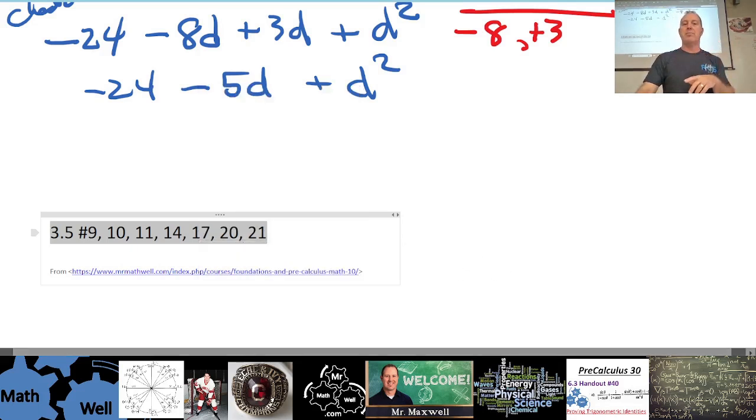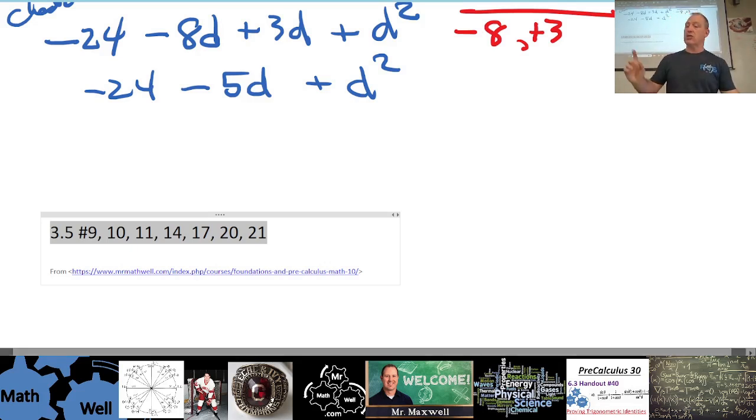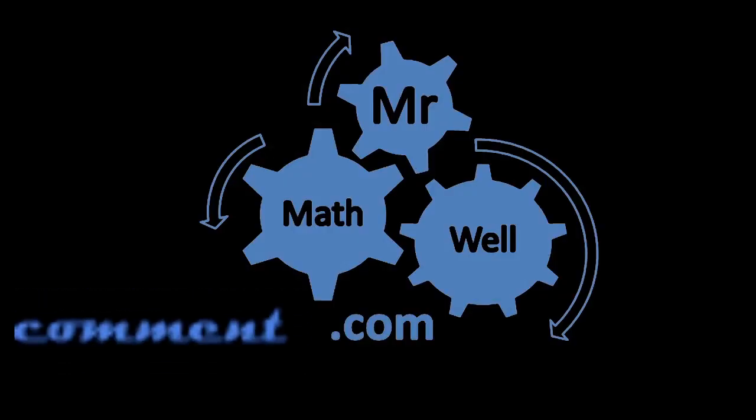The example I did not get to today was that if you have a trinomial that has a greatest common factor in there, you have to pull that out first and then do this factoring. If there's a greatest common factor, you should pull that common factor out first.